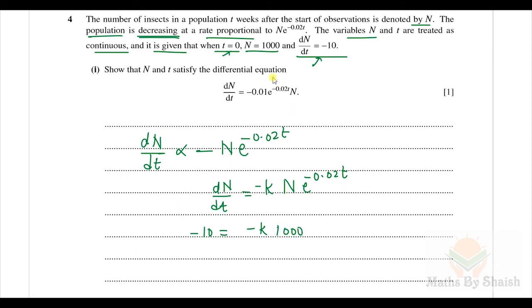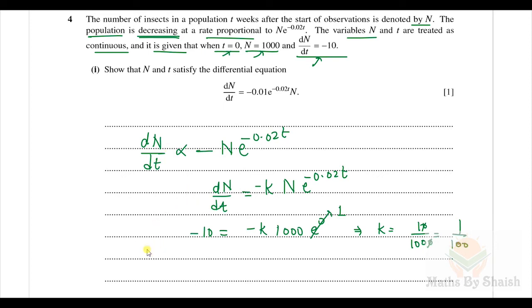Of course we are going to use this also. So 1000 e raised to the power 0, and e raised to the power 0 gives us 1. So from here we got k as 10 over 1000, the minus sign also got cancelled, and we got it as 1 over 100.